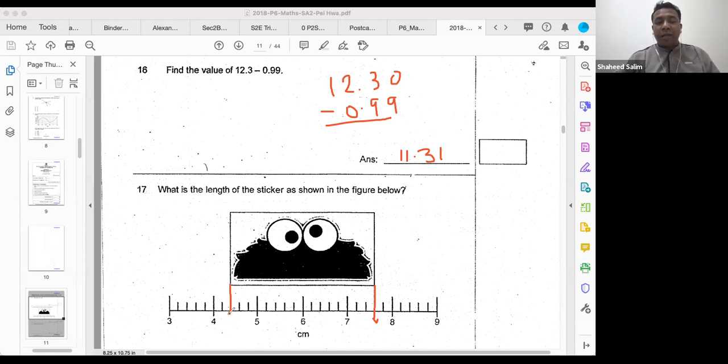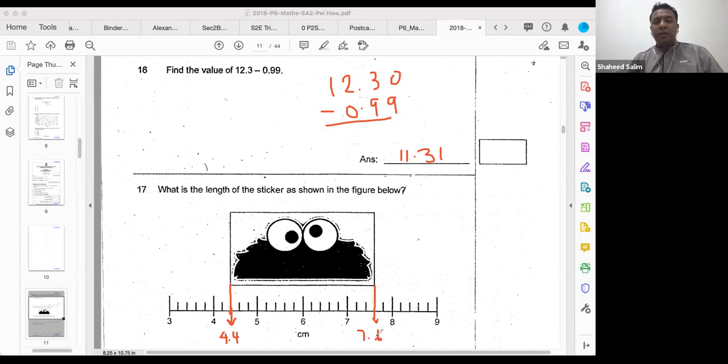If you say 4 cm, it will go to here: 1 cm, 2 cm, 3 cm, 4 cm will be here, so it's not. You must calculate now. What is this now? I think Akil is going to say 4.2. Not 4.2, it's 4.4. This one is 7.6.